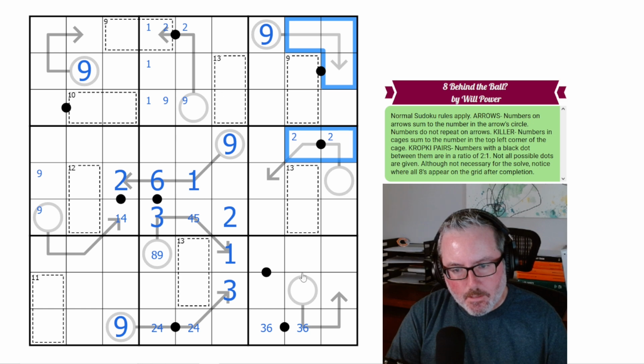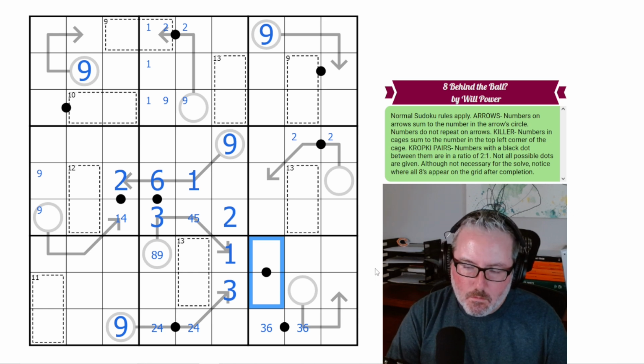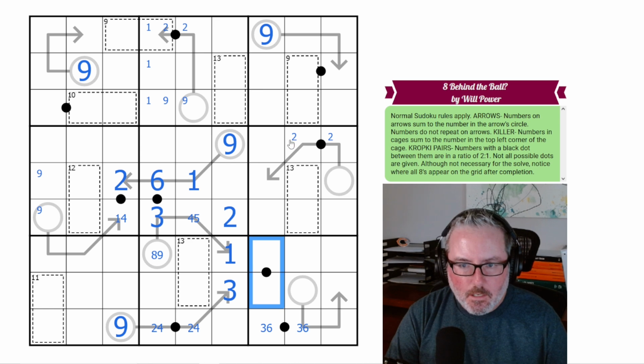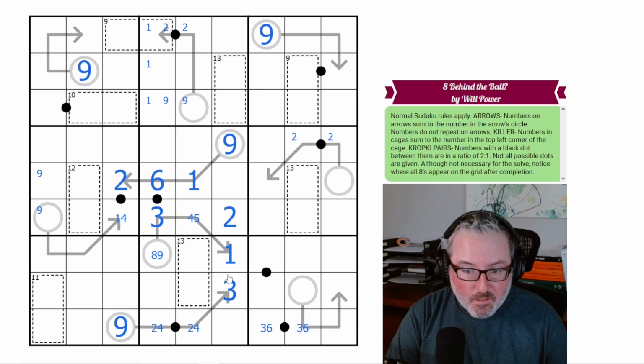It would give me an X-wing of 2s, and it would force a 2 onto here. But again, that was already a possibility, and most likely going to happen. Now, if I could say there has to be a 2 on here, which I can't, I still don't think it would give us enough information up here to make any use out of it.